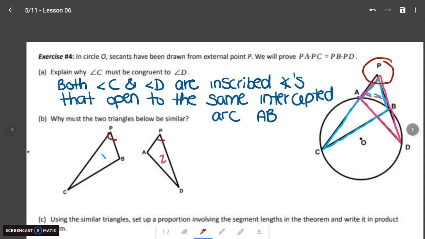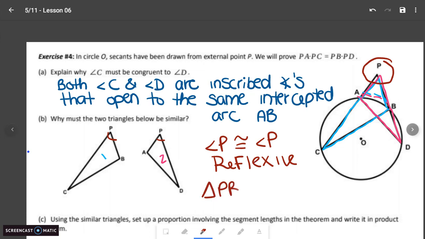They both have angle P. So angle P is congruent to angle P. Remember, that's our reflexive property. So triangle PBC, oops, not congruent, is similar to triangle PAD by angle. Two angles is enough to show that we're okay there.